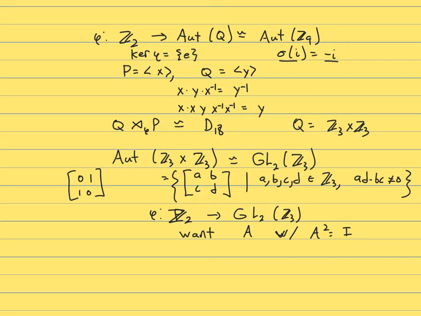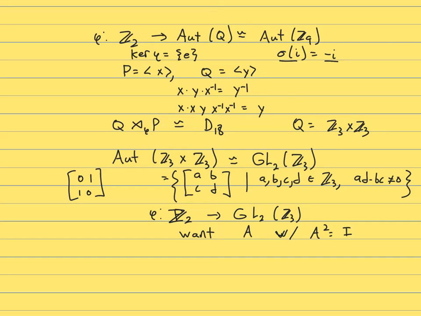So for a non-trivial homomorphism, we're going to want an element of order 2, which means we want a matrix whose square is the identity. It's worth pointing out that we're picking our homomorphisms up to isomorphism, because if two homomorphisms are equivalent, they're going to give you isomorphic semi-direct products.